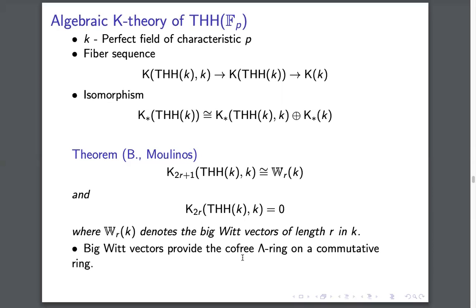Cofree means it's the right adjoint to the forgetful functor from lambda rings to commutative rings. Length r means that we use some sort of a truncation of the big Witt vectors. And then the even groups are trivial.